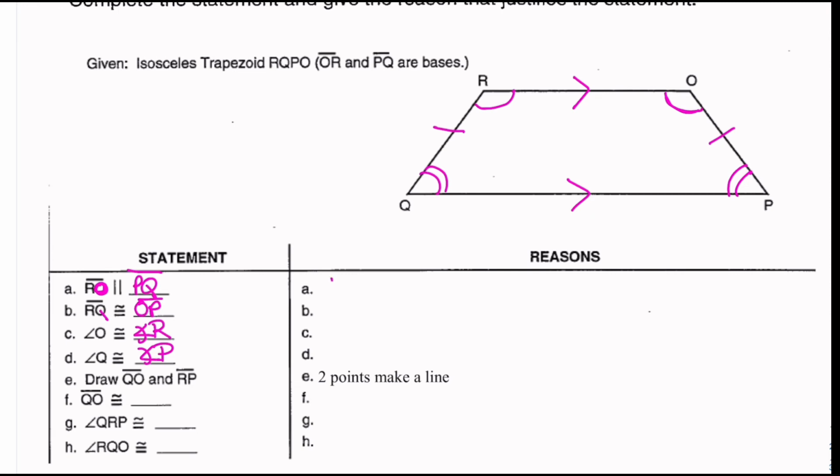So, definition of trapezoid. Congruent parts are definition of isosceles.